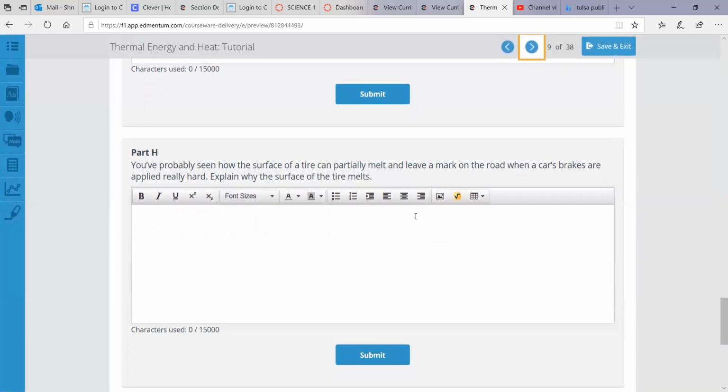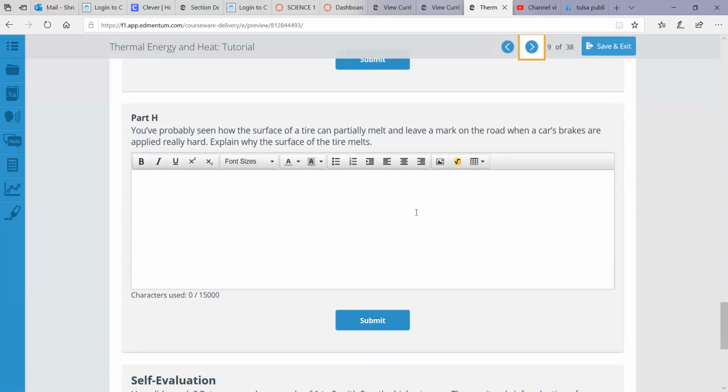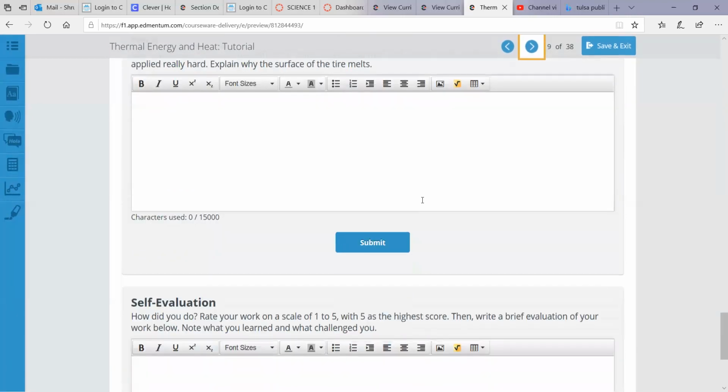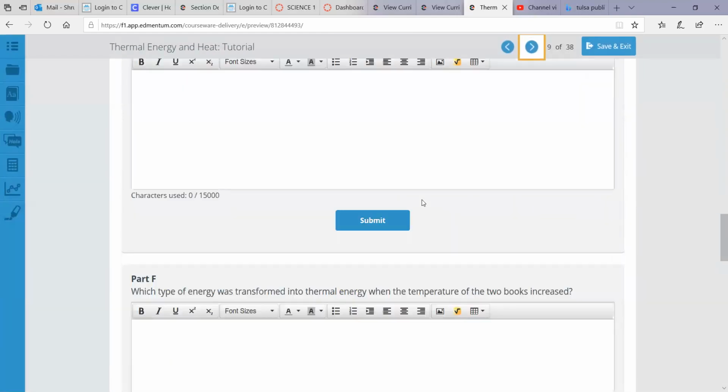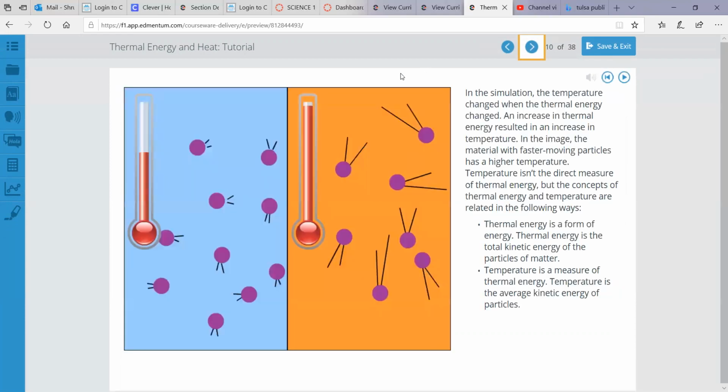You've probably seen how the surface of a tire can partially melt and then leave a mark on the road when you apply the brakes super hard. Why does the surface of the tire melt? And hopefully by now you're kind of getting a feel for why and how friction leads to an increase in temperature and thermal energy.